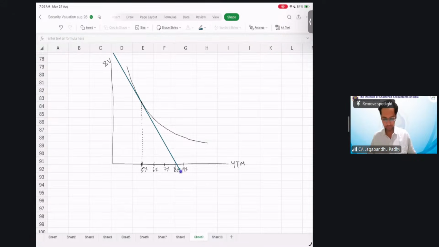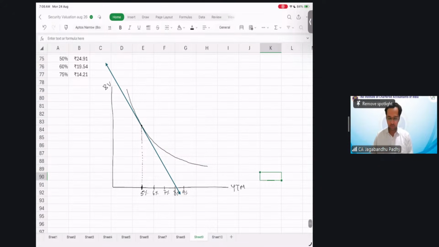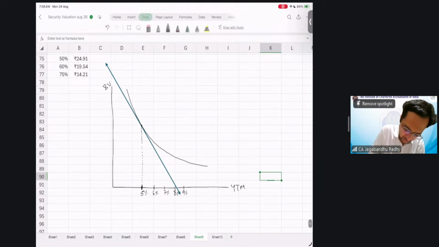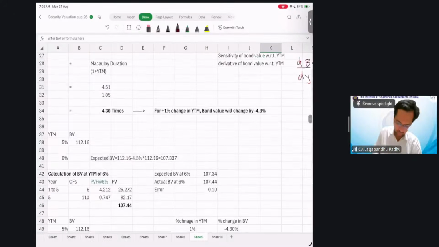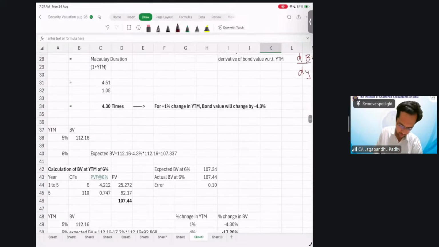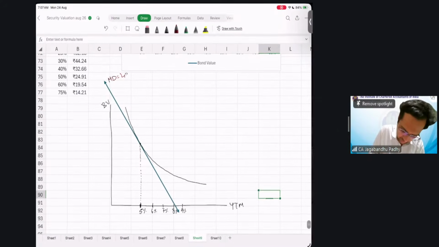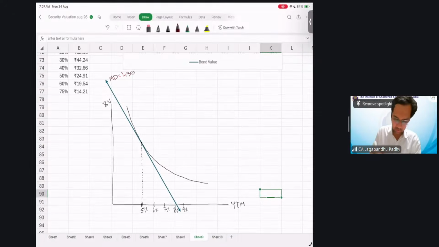This is the typical line that we drew, and this line was representing a modified duration of 4.3.